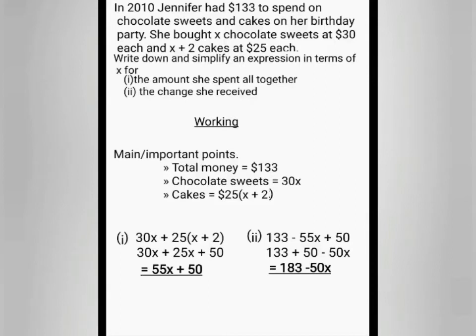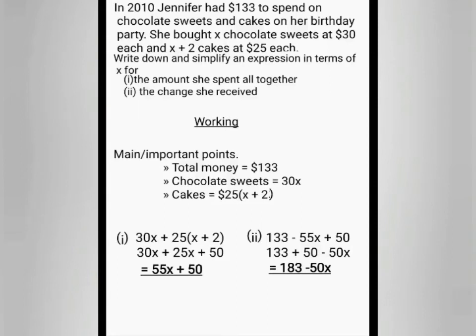So it becomes 133 minus 50 minus 55x. If we subtract 133 minus 50, it will give us 83, and we don't leave 55x. So it's 83 minus 55x. That's the amount of change she received.